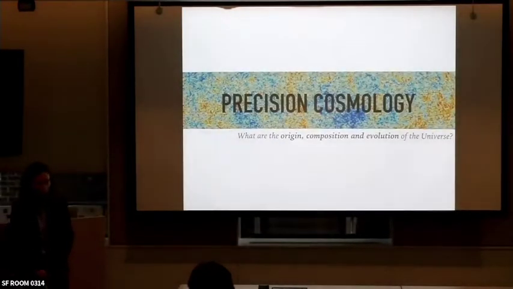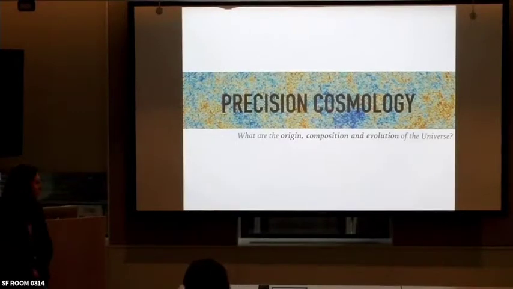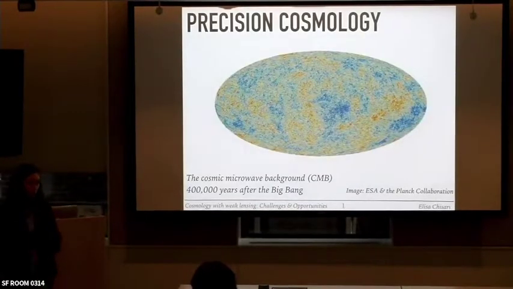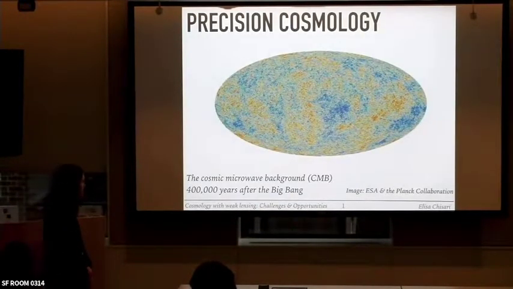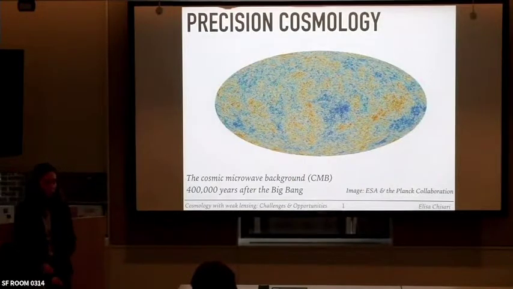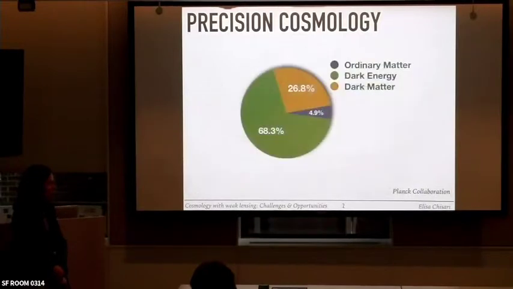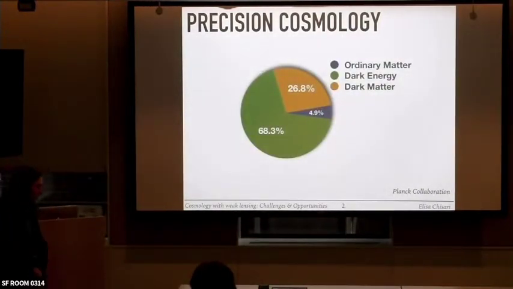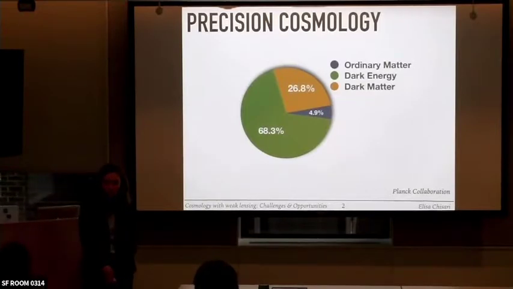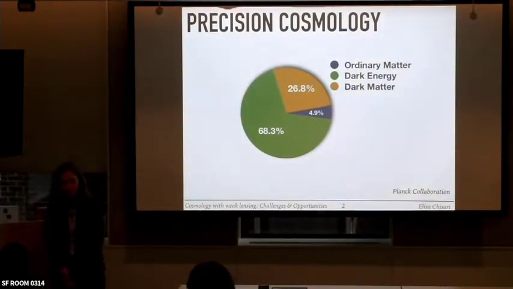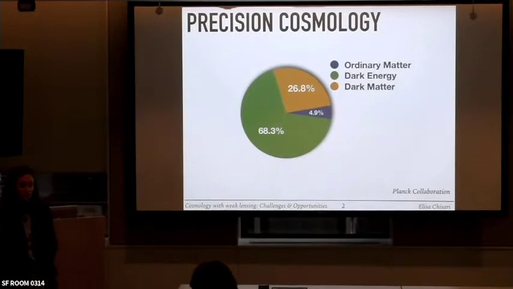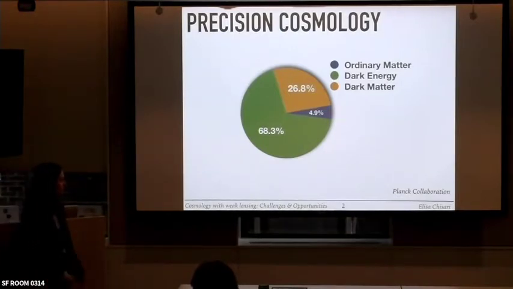When we think about precision cosmology, we think about the cosmic microwave background. That's justifiably so, because the cosmic microwave background has given us a very precise picture of the composition of the universe. We know that 5% of the universe are things that we can see and we can touch, but the rest, the 95% that is missing, is in the form of dark components that are dark matter and dark energy.